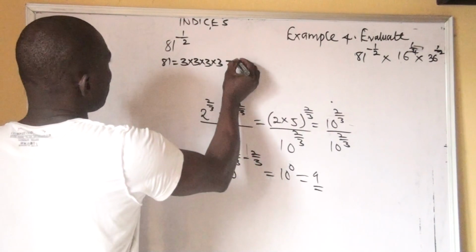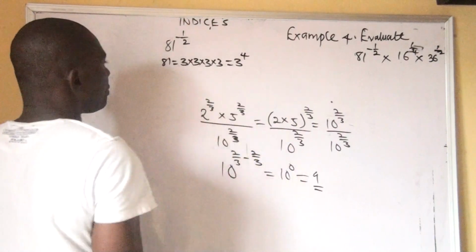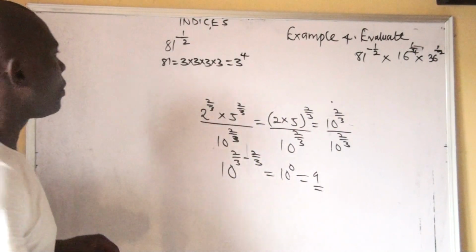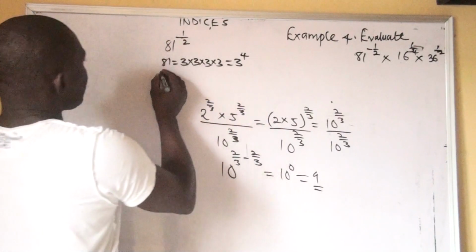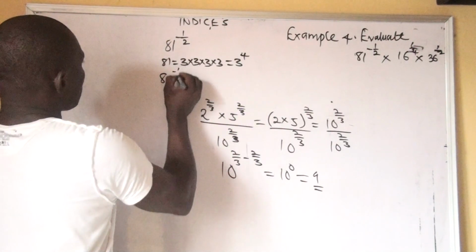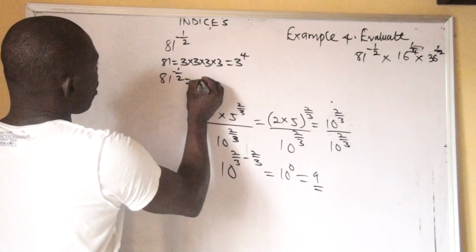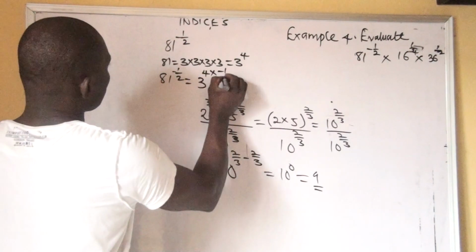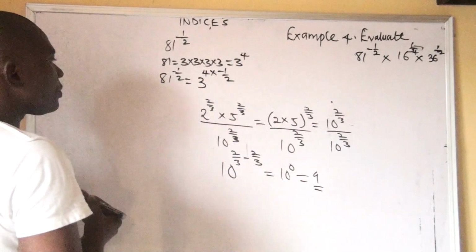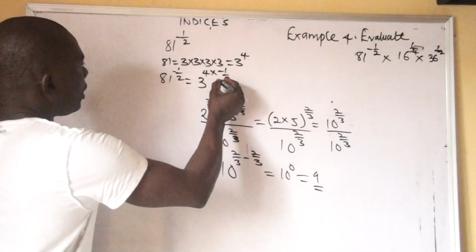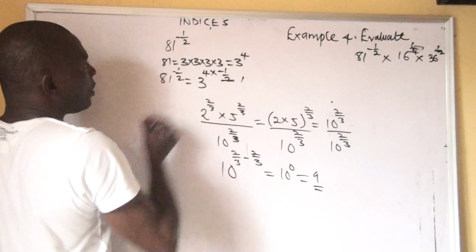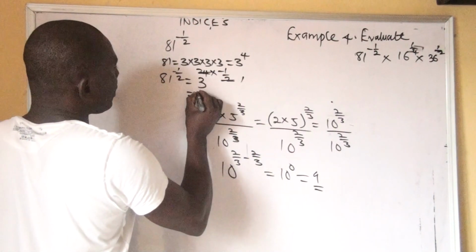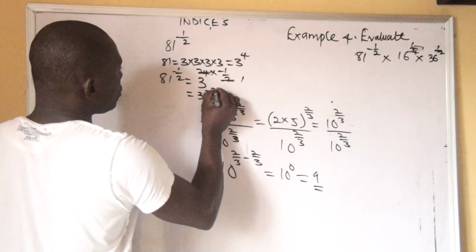That will give us 3 raised to power 4. So 81 raised to power minus half becomes 3 raised to power 4 times minus half. That is 2 times minus 1, so the result here will be 3 raised to power minus 2.